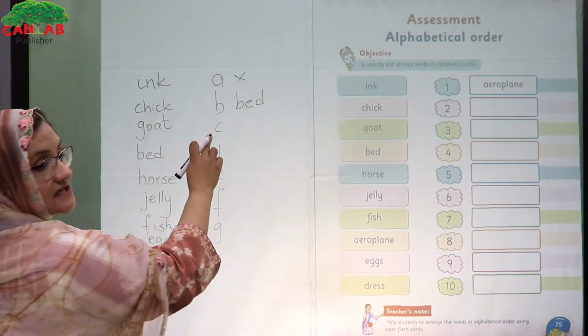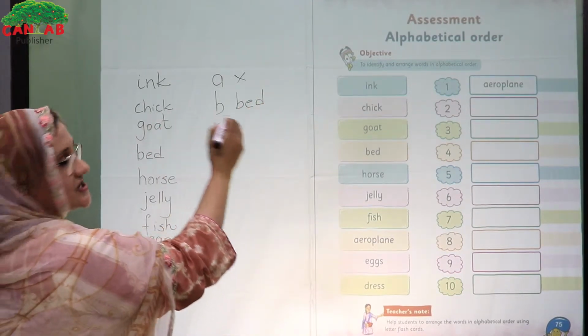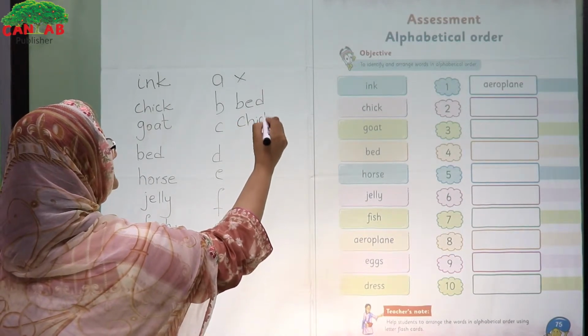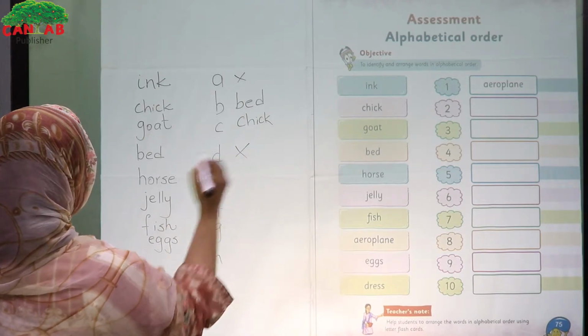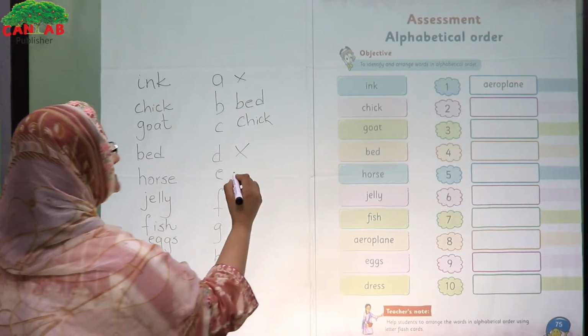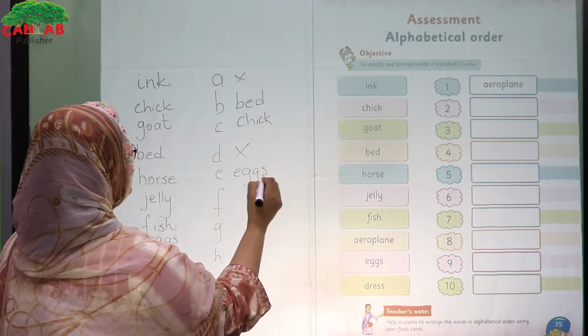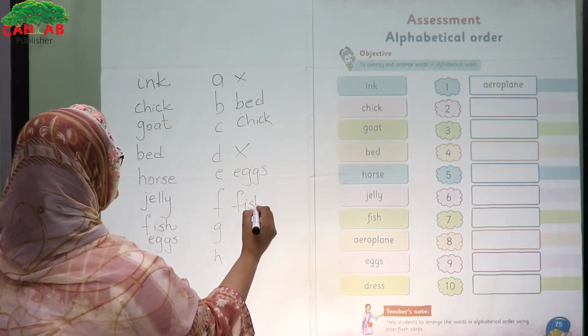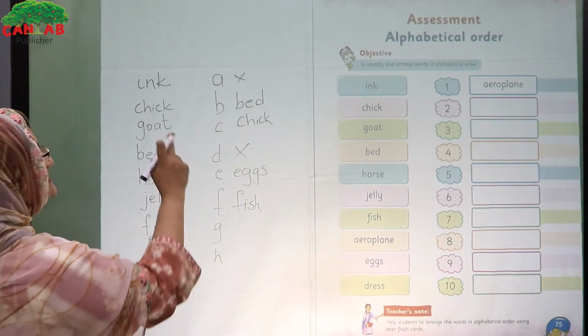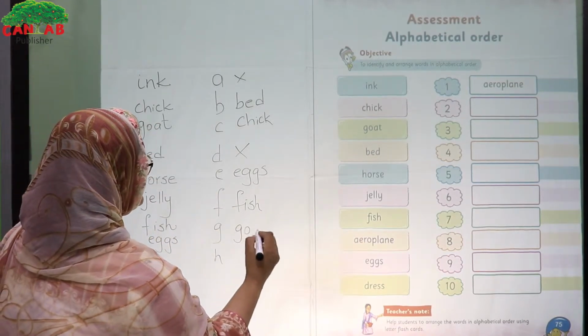What about C? Yes, this is trick. What about D? No. What about E? Yes, this is eggs. What about F? Yes, this is fish. What about G? This is goat.